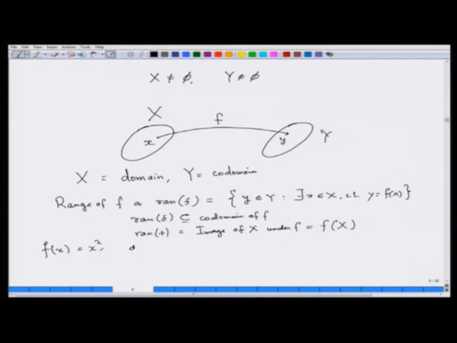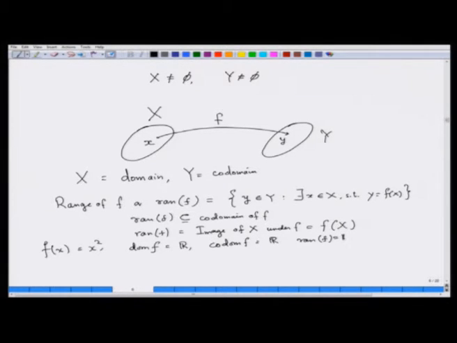So, domain, which I now write in short form dom f, is R, and the codomain of f, which I write now as codom, is also R, but the range of f is not R, because it only gives me non-negative numbers.